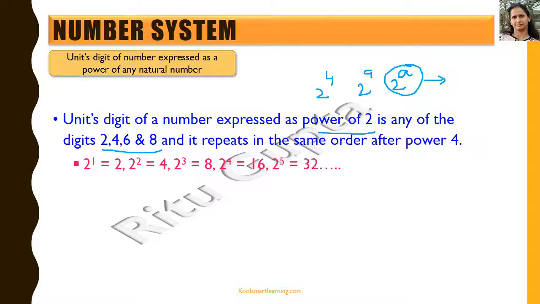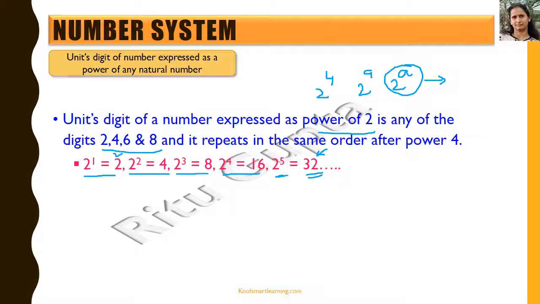2 raised to power 1 is 2, 2 raised to power 2 is 4, 2 raised to power 3 is 8, 2 raised to power 4 is 16, and now 2 raised to power 5 comes out to be 32, where the units digit is 2, which is the same as 2 raised to power 1.